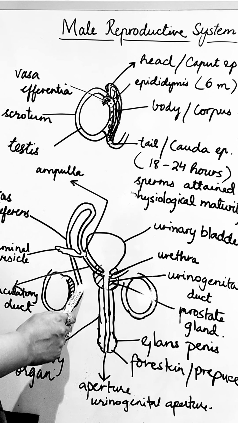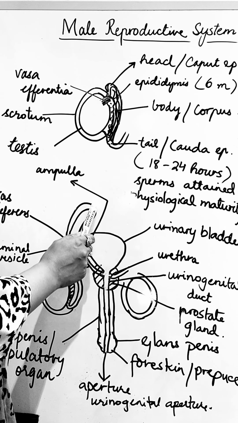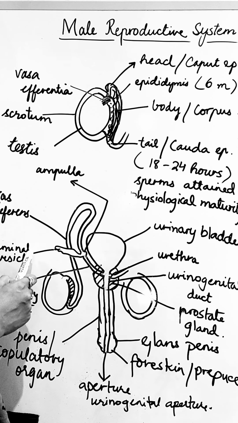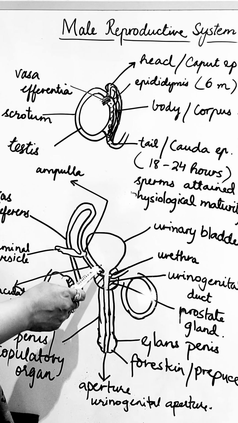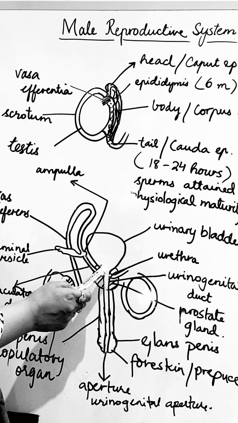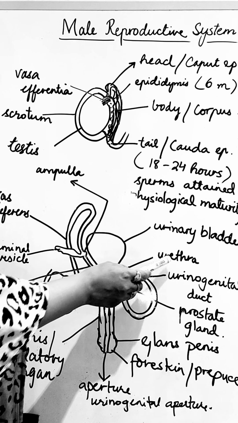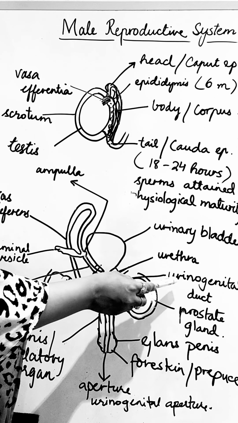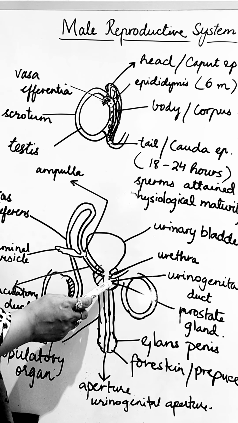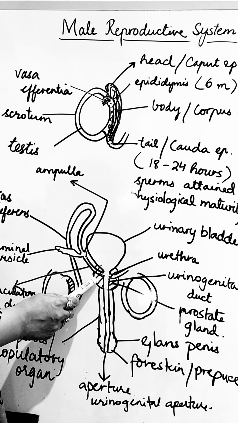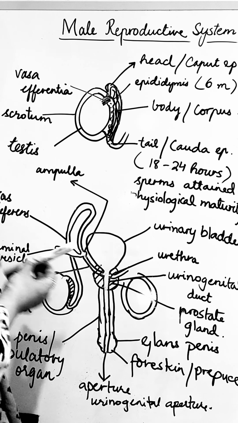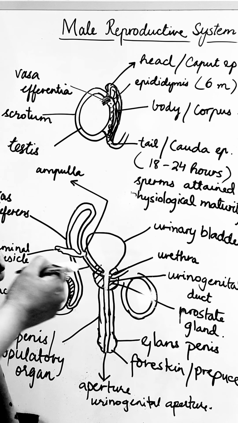So when the sperms move upward through the vas deferens, they pass through the seminal vesicle gland and move into the ejaculatory duct, and from the ejaculatory duct they are poured out into the urethra as well as this opening. This common passage is now called the urinogenital duct. Here there is another walnut-shaped gland, called the prostate gland.